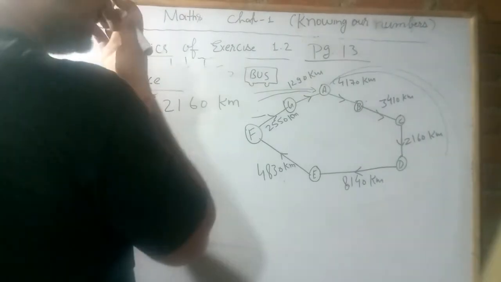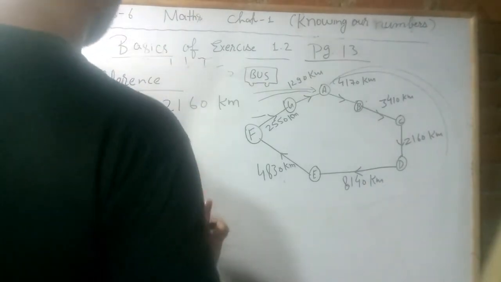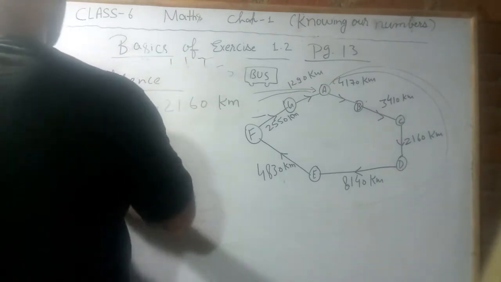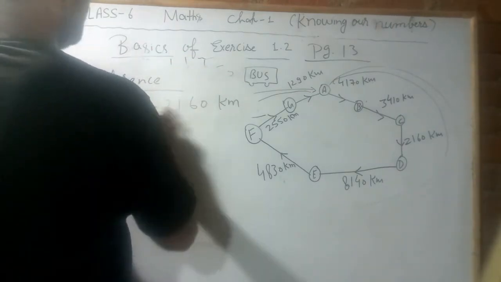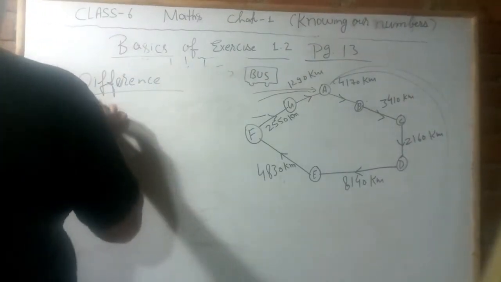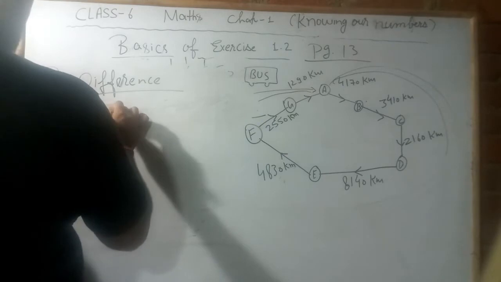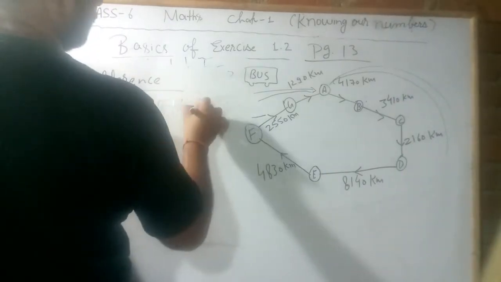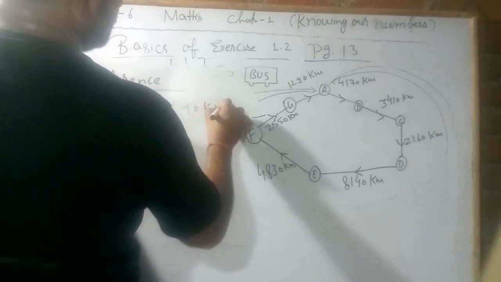So in a difference, it's not compulsory which number you put first, only you have to write the highest number first. So see, what is given, 216 is smaller than that, so we will write D to E first, 40 kilometer.